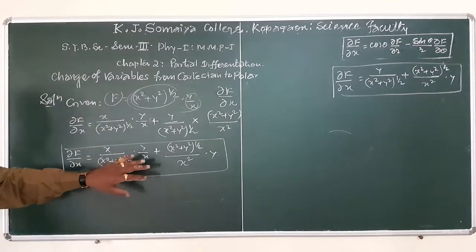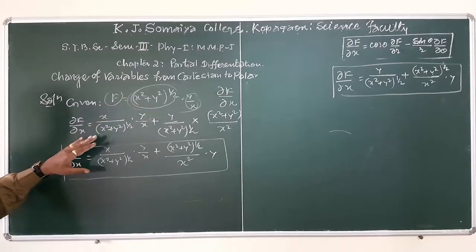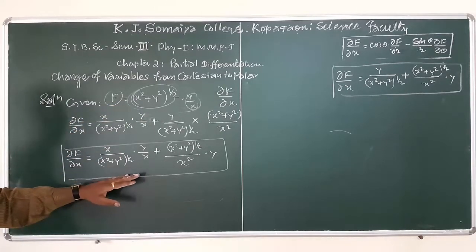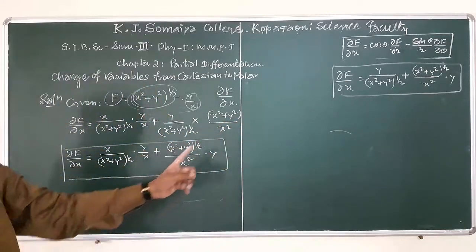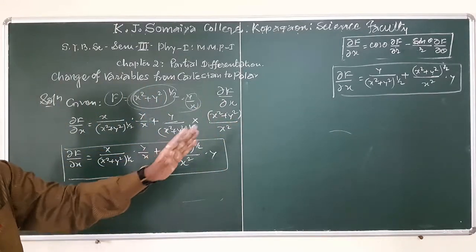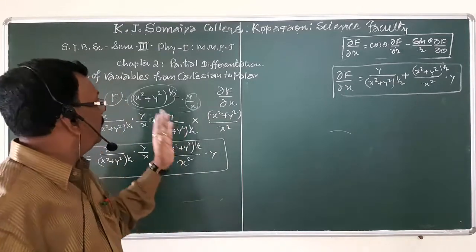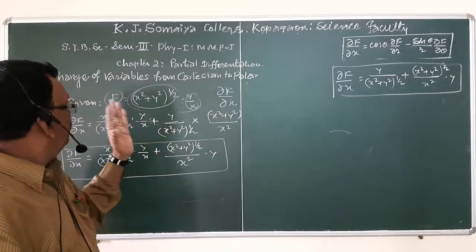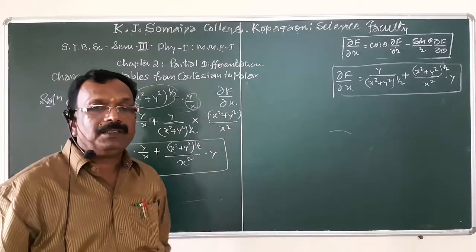Now this is the partial derivative of the given function by changing variable, and this is by the direct method. When we compare the RHS of the two equations, it is found that both the results are the same. That's why here we verify or obtain the same result by changing variable and by the direct method.